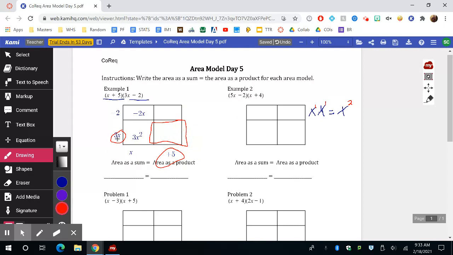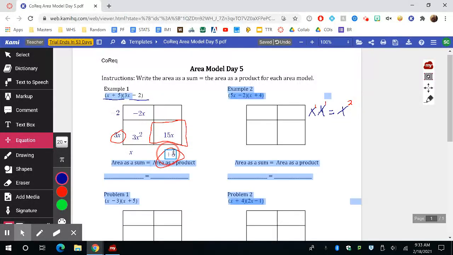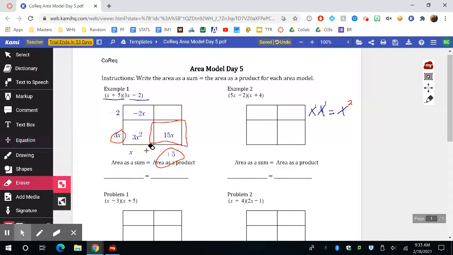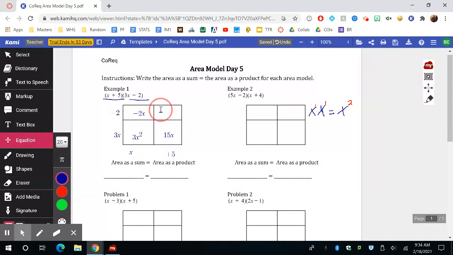Okay, so 3 times 5, that gives me 15, and the x carries along, so 15x. Since both of them are positive, then my result is positive as well. And on this last box right here, we're going to multiply 5 times negative 2. That gives me negative 10.